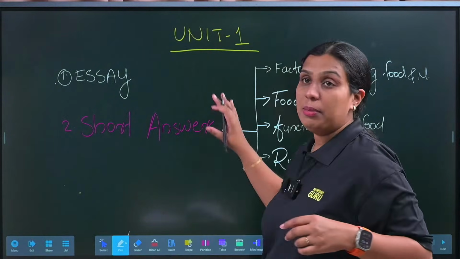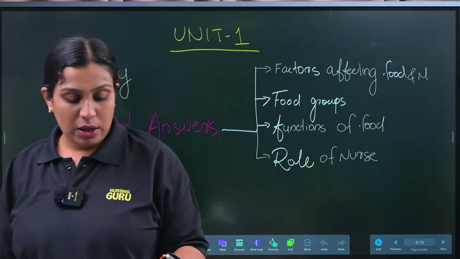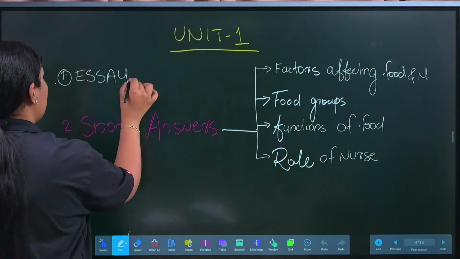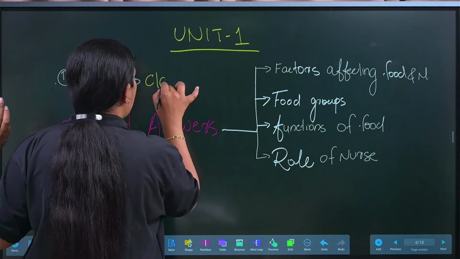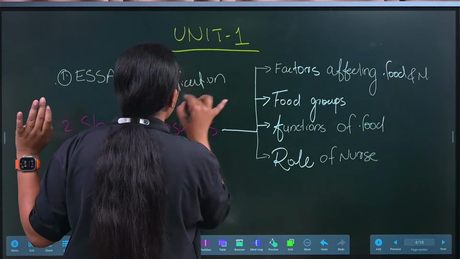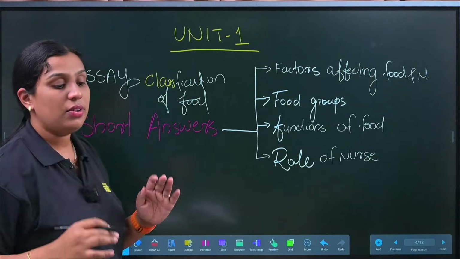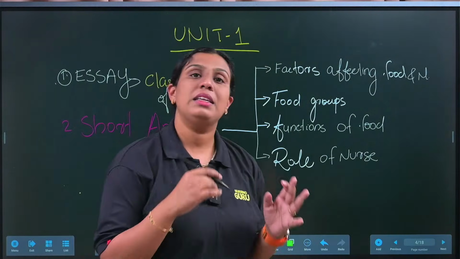So here I am writing some of the important questions. One essay question we can expect is about the classification of food. If there is an essay question from the first unit, you will get classification of food.